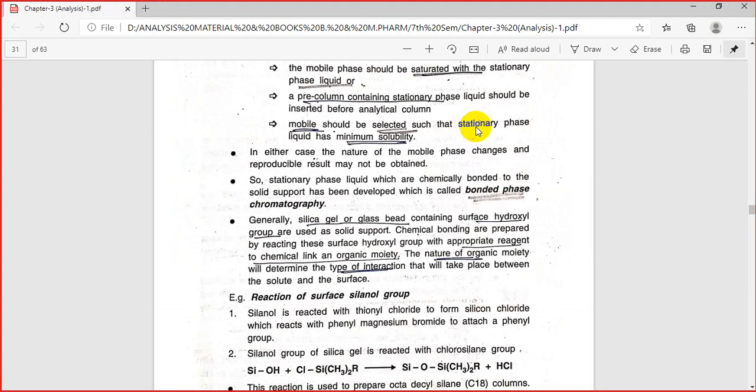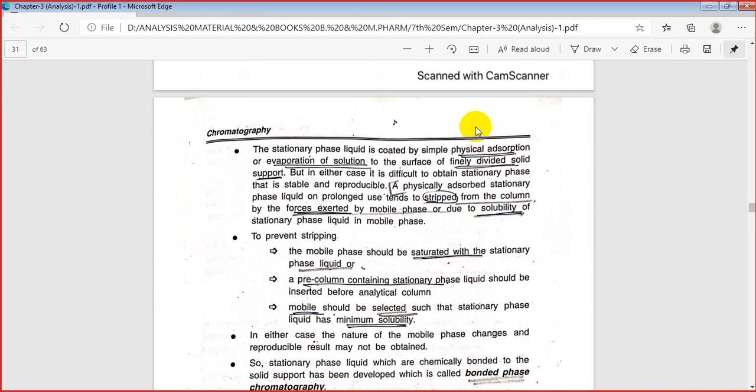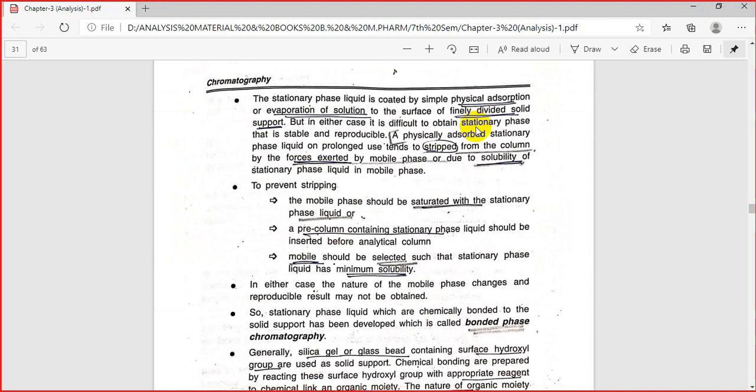Now the stationary phase liquid is normally coated on the solid surface by different means, one being physical adsorption or evaporation of solution onto the surface, which is a finely divided solid support.